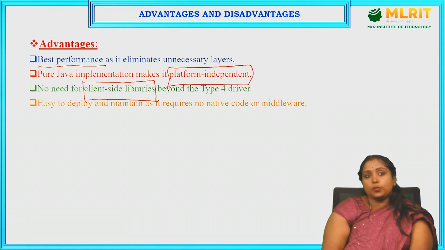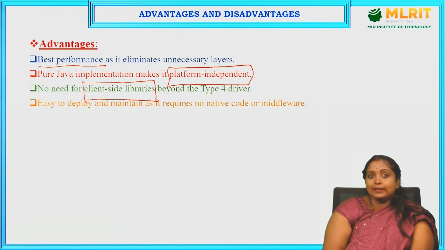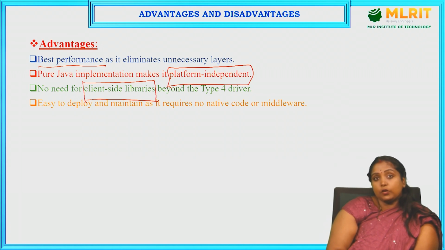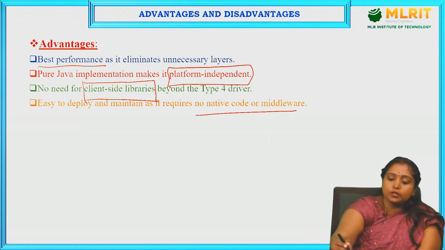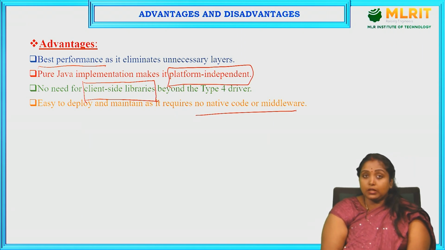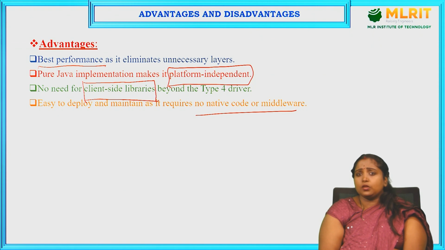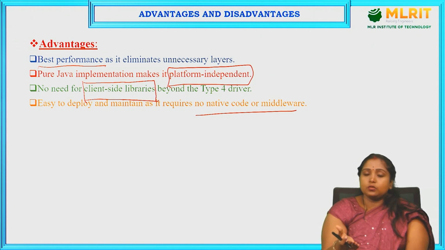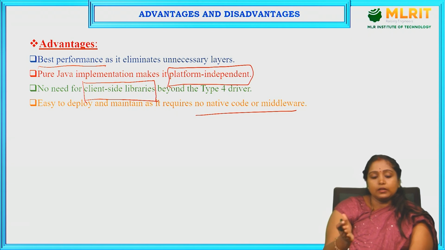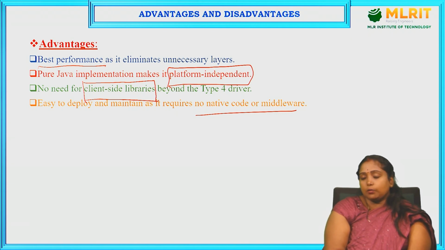And the fourth point is you can easily deploy and maintain this one. Why? Because there is no native code or middleware between Java and database connectivity, so there is no need to maintain or extend these services. It is easy to deploy and easy to maintain.